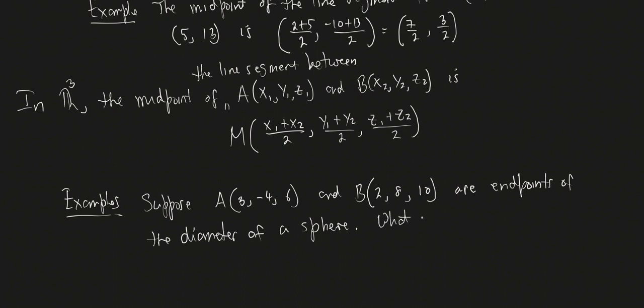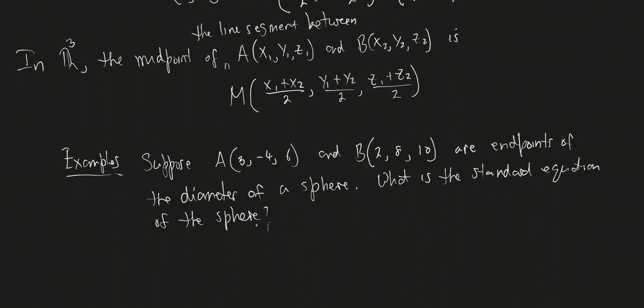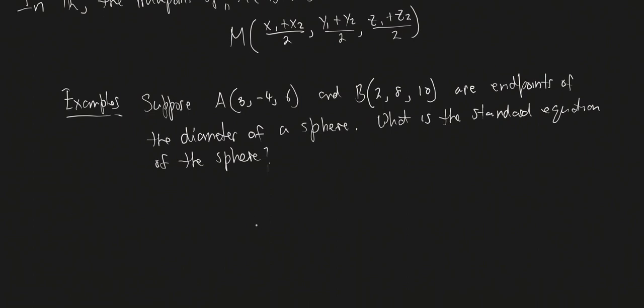So let's just go with the standard equation, right? So what is the standard equation of the sphere? Well, in this case, I am going to sketch so we can see exactly what this description is referring to. So we have a sphere. I'm not going to draw the axes or anything.